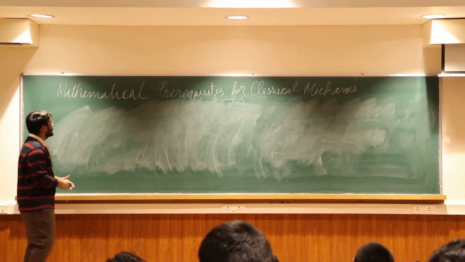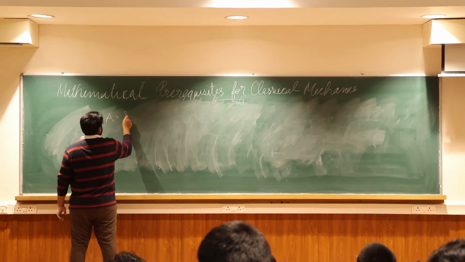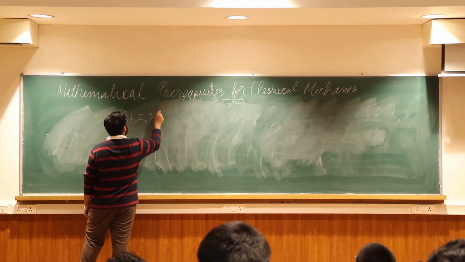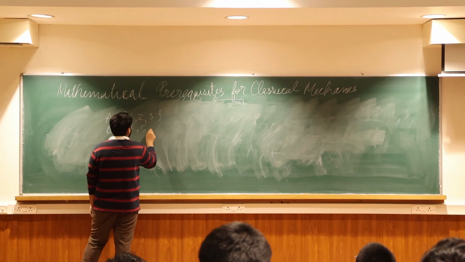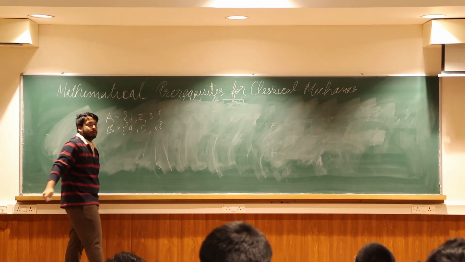So let us say I have a set A: 1, 2, 3, and a set B: 4, 5, 6.